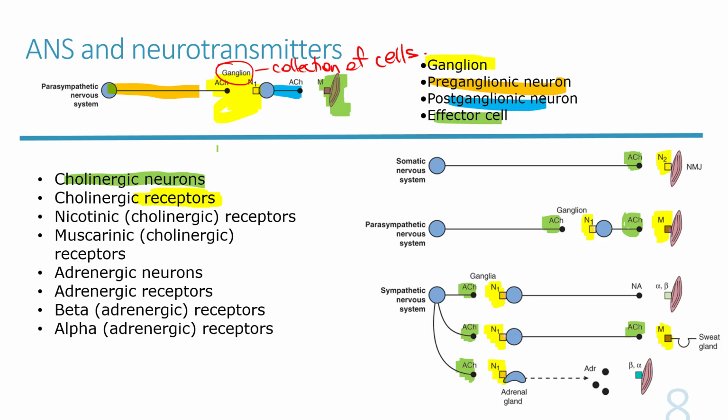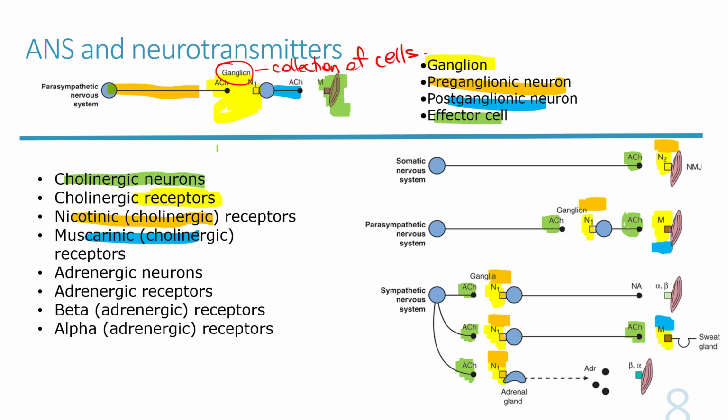So I missed out on this. Then you've got receptor subtypes: the nicotinic cholinergic receptors and the muscarinic cholinergic receptors.